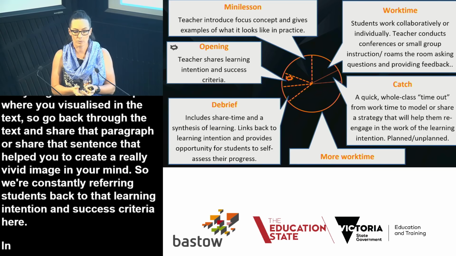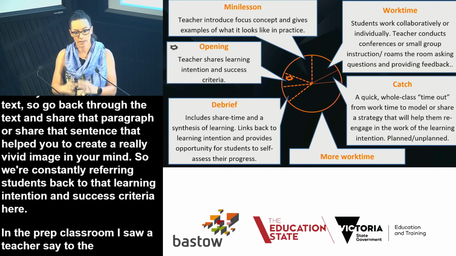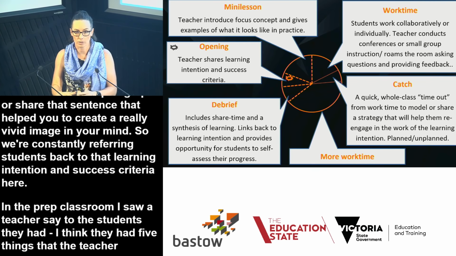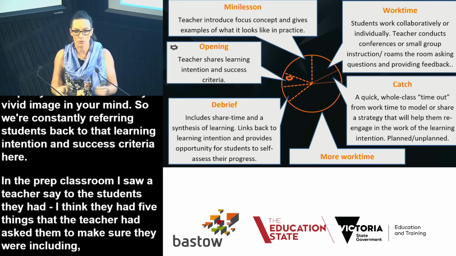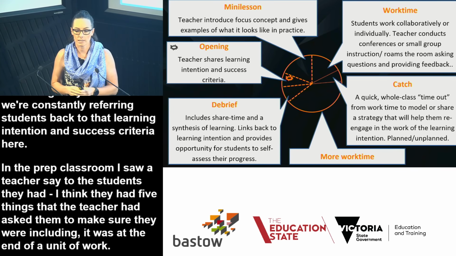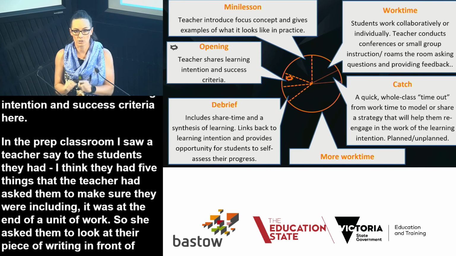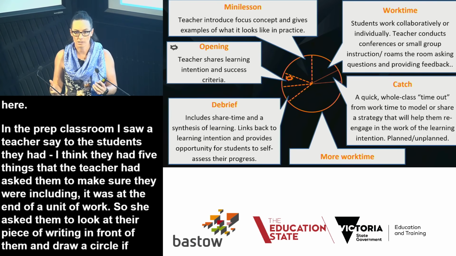In the prep classroom, I saw a teacher say to the students they had 5 things that the teacher had asked them to make sure they were including. It was at the end of a unit of work. So she asked them to look at their piece of writing in front of them and they draw a circle if they had included one element.